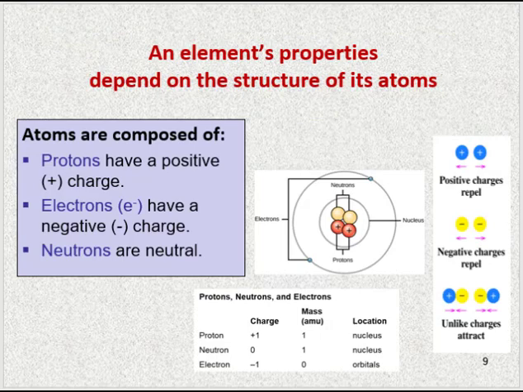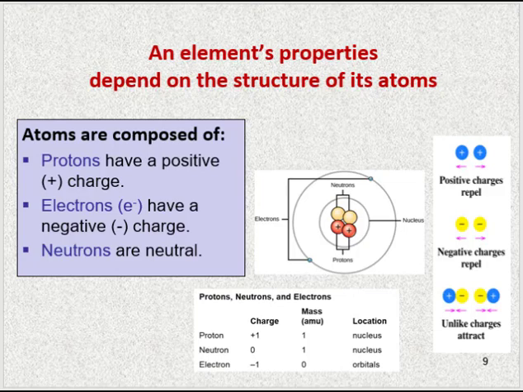One atom of each element is composed of protons, neutrons, and electrons. Now, protons and neutrons weigh approximately the same. However, their charge is different. A proton is positively charged, whereas a neutron is uncharged.